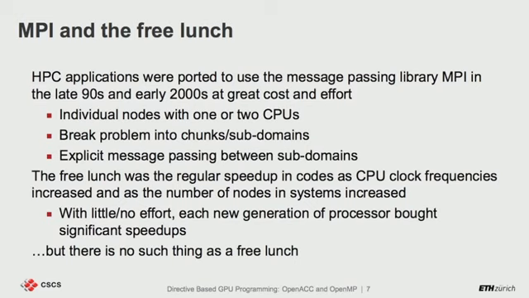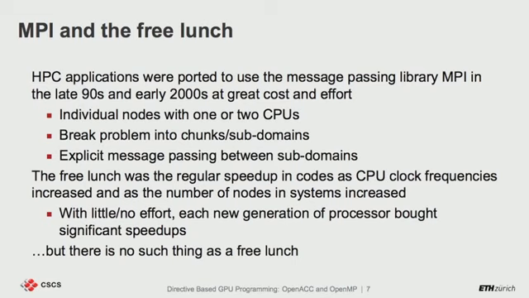Each node solved its sub-problem, communicated its result to the other nodes, and the other nodes went on with the subsequent steps. However, despite that model, in every new generation we were having speed-ups.